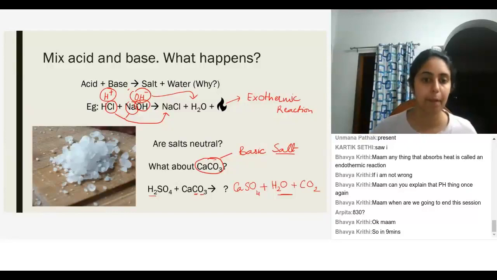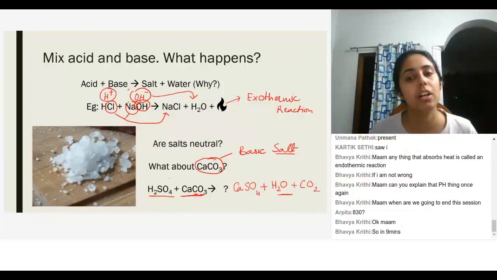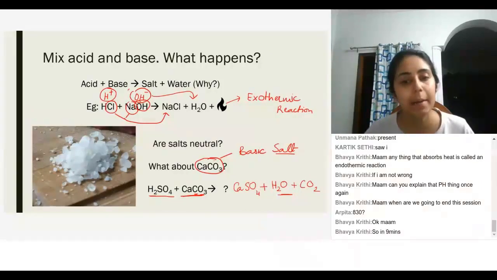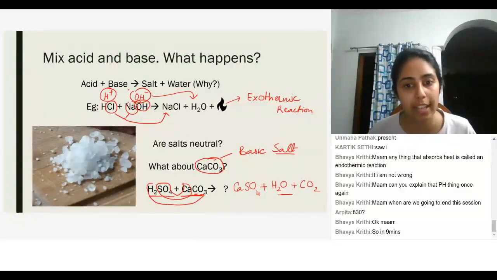Okay, ma'am. All right. So H2SO4 is an acid plus CaCO3 is a basic salt, a slightly basic salt. So acid plus the slightly basic salt will give me CaSO4, as the calcium will react with the sulfate, and this H2 will take one of the oxygens and form water.